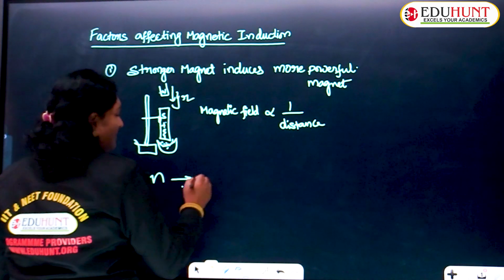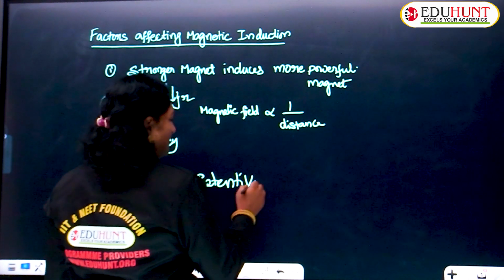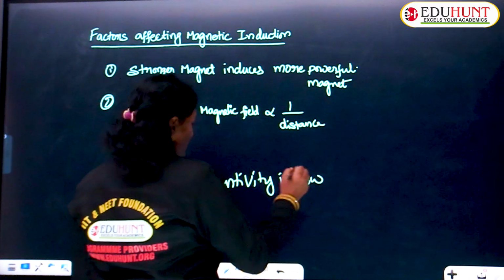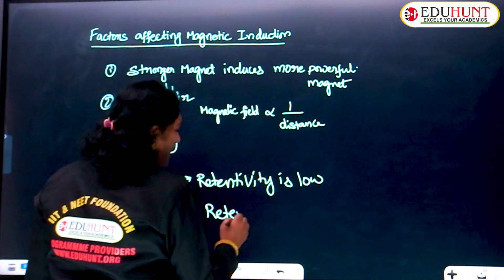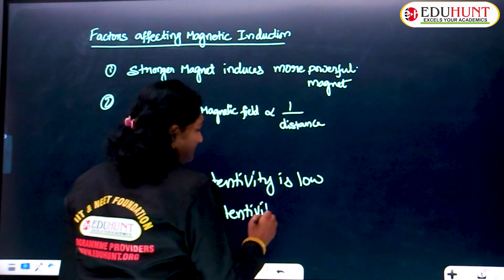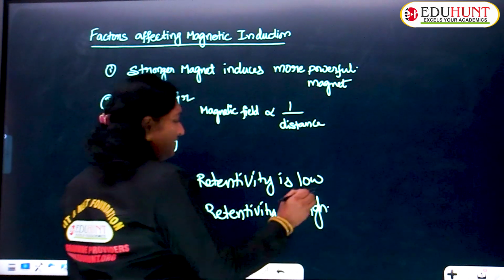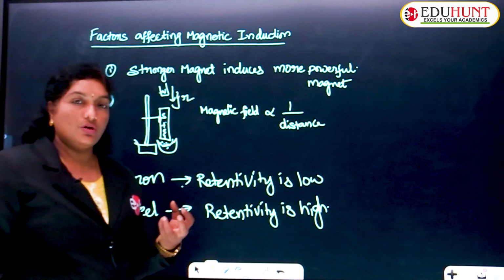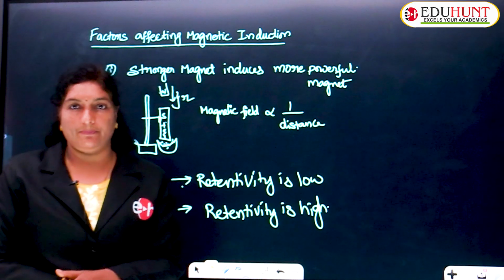For iron, the retentivity is low, whereas for steel, the retentivity is high. So, what do we mean by retentivity? Retentivity means the time for which a material possesses that magnetic property.